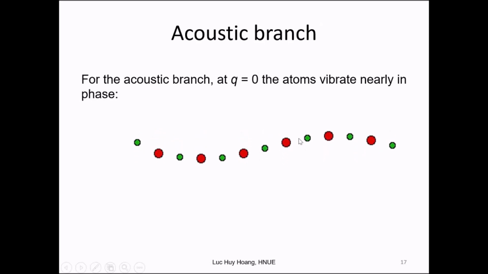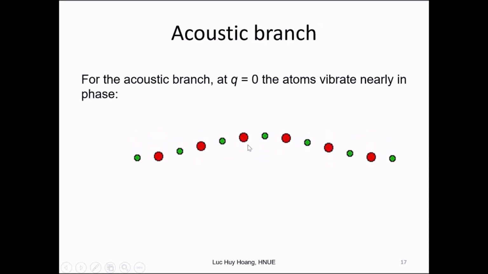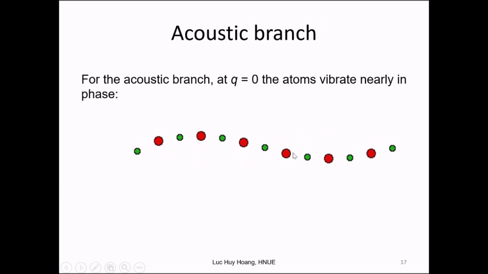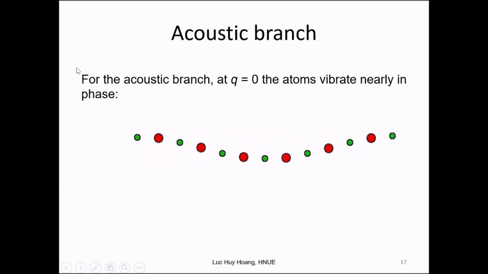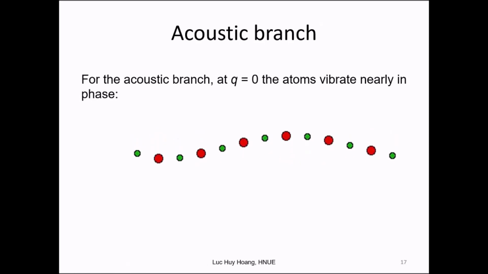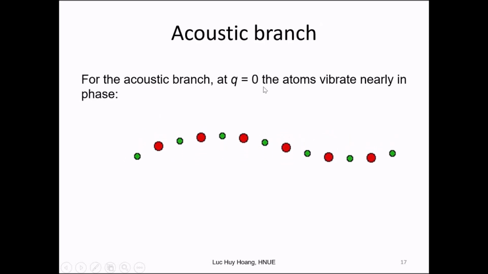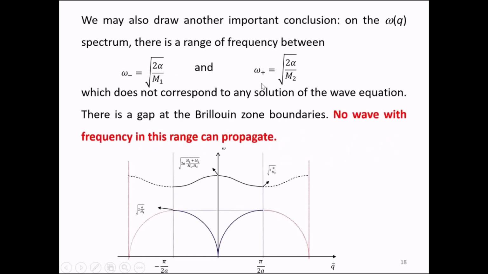So we have to go quite far to find the atom with the same vibrational state. You see here, this atom and this atom. Okay, so we have the acoustic branch. It's similar to the system we considered in the one-atom chain.